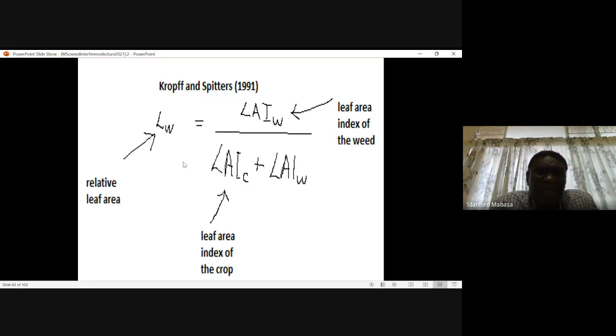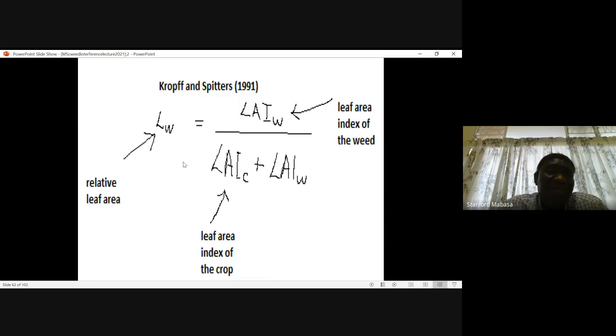But there were two scientists, Kropff and Spitters, in 1991, who suggested that instead of using weed density to predict crop yield loss caused by weeds, probably it's better to use the relative leaf area of the weeds and the crop.